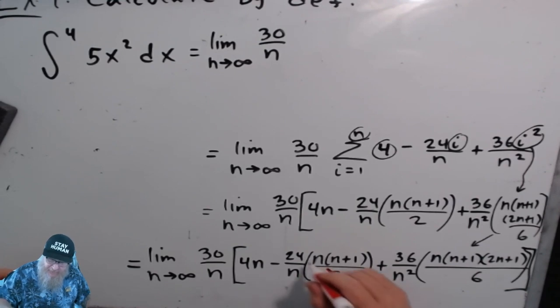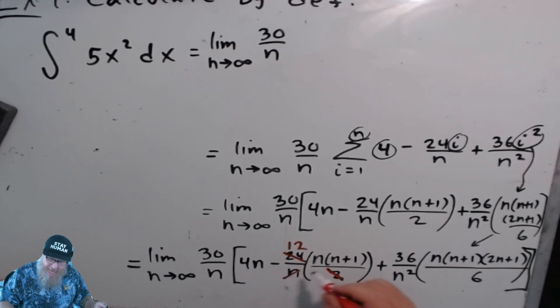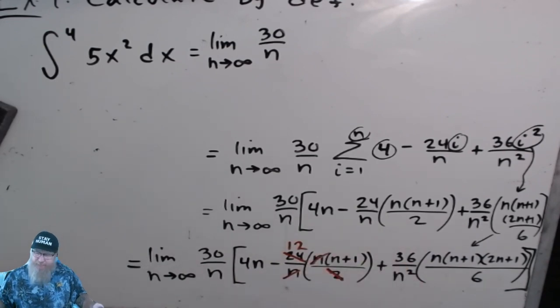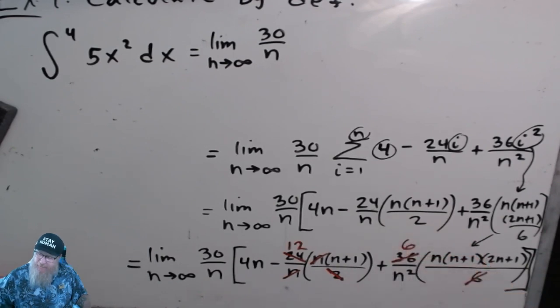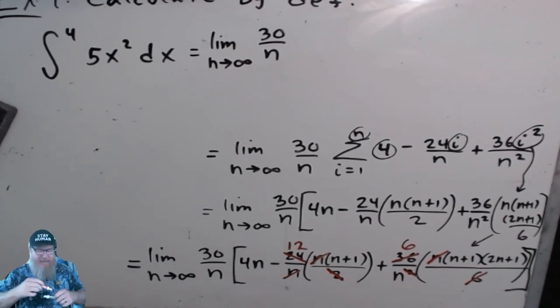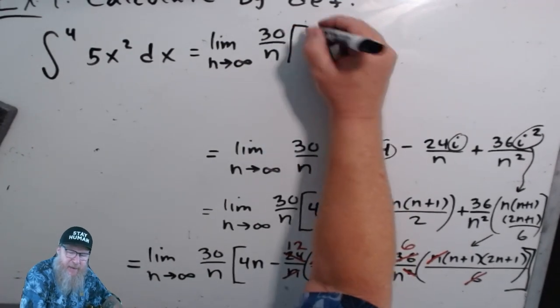The 2 cancels with the 24, makes 12. The n cancels with the n. The 6 goes into 36 6 times. This n cancels with one of the n's, making the n squared just n. So we got a lot. It got a lot cleaner already.